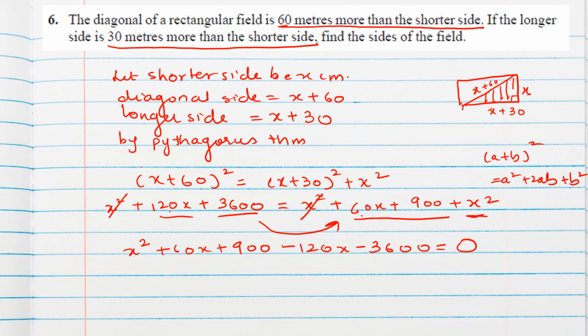Now x square only the term, so x square we write as it is, 60x and minus 120x. These two are like terms, so we can subtract. So minus 120 plus 60 will give minus 60x. Here these two constant terms we can subtract, isn't it? So 900 minus 3600 will give minus 2700 equal to 0. So this is your required quadratic equation.